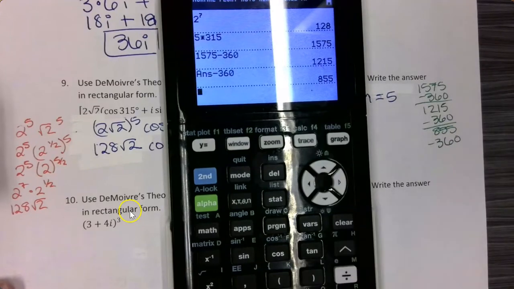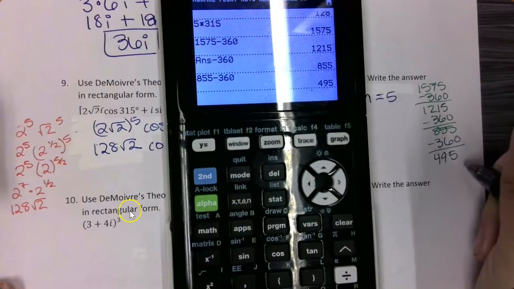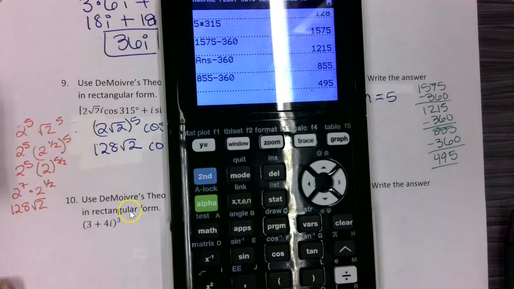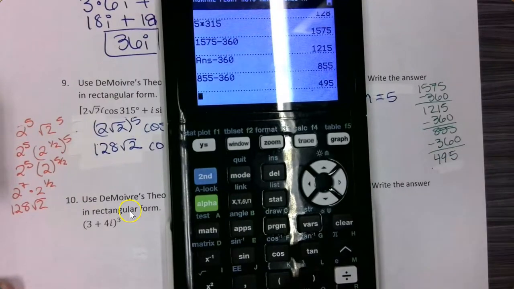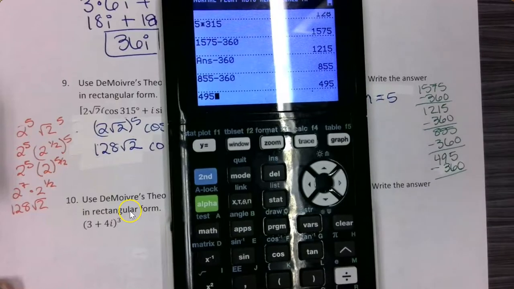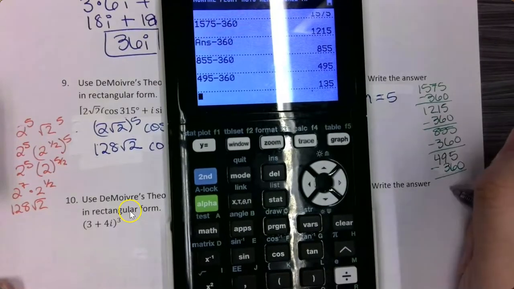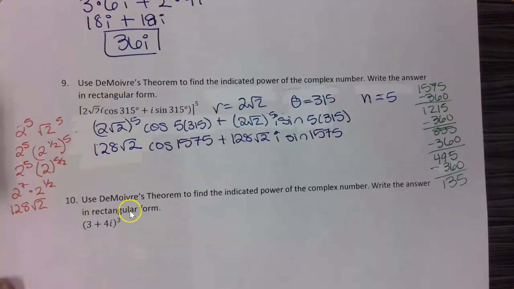Oops, other way around. Which gets me 495. And if I subtract 360 again, this should give me a number less than 360 finally. So I have 135 for my coterminal angle.